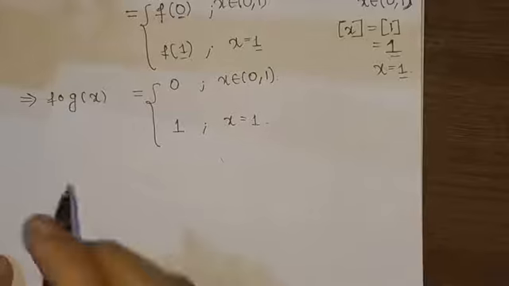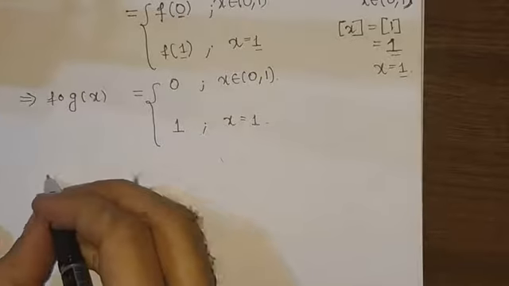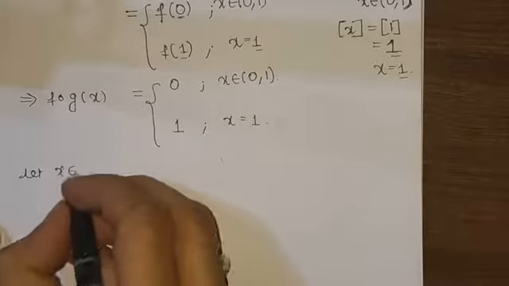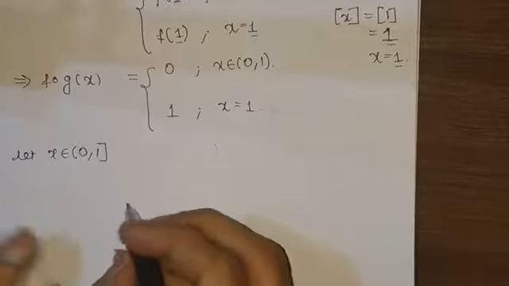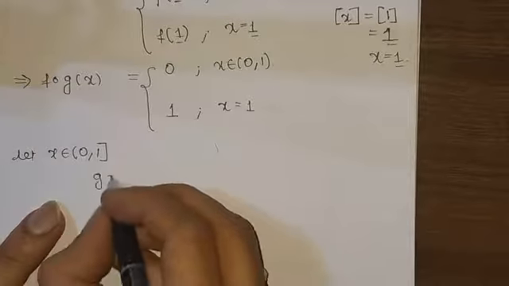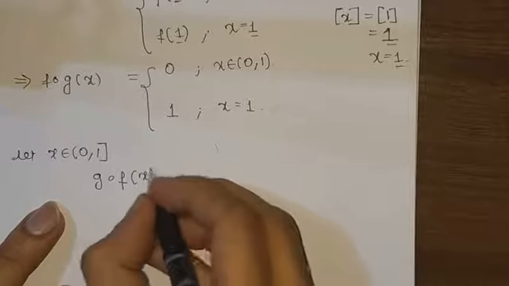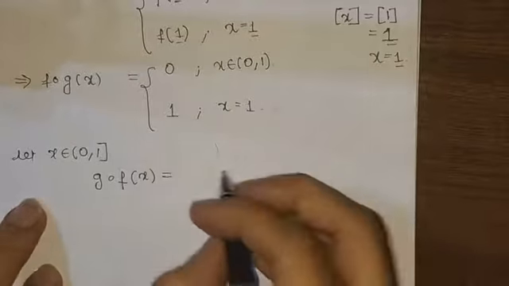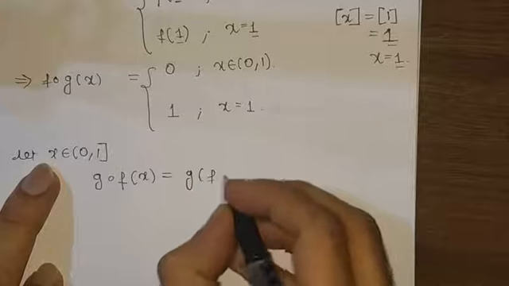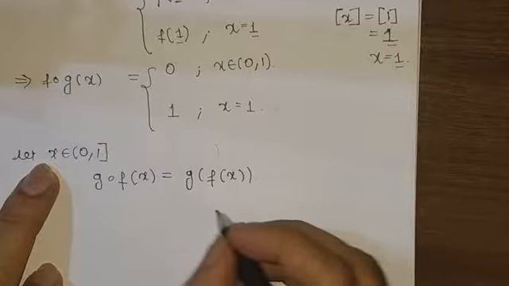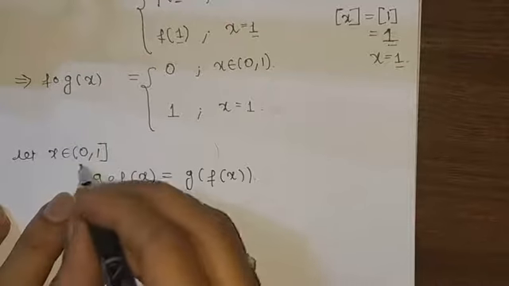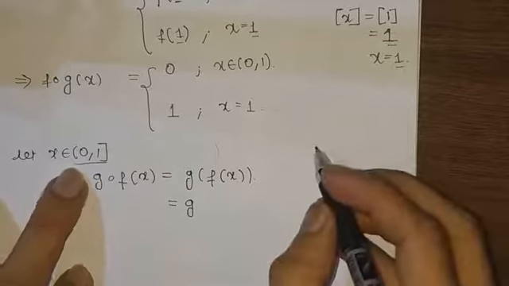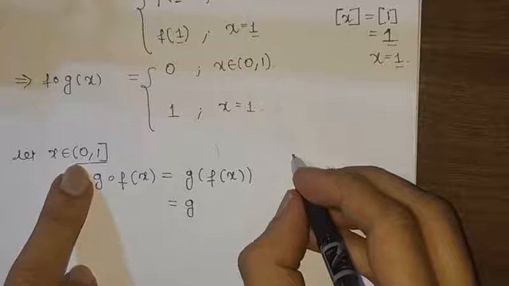Okay, then now let us look at g composition f. So let x belong to open 0, 1 closed. Now we will calculate g composition f of x. So what is it? G of f of x, which is equal to what? Now you look at this set.